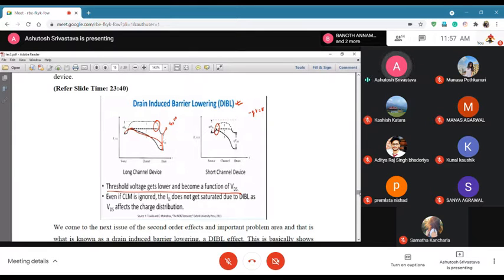If you see on the left hand side, there is a long channel device. The channel itself is long, due to which the effective electric field results in the barrier. What is the barrier that we are talking about?